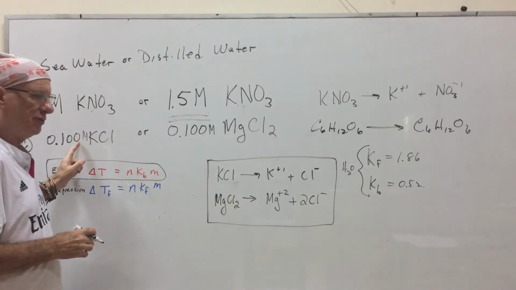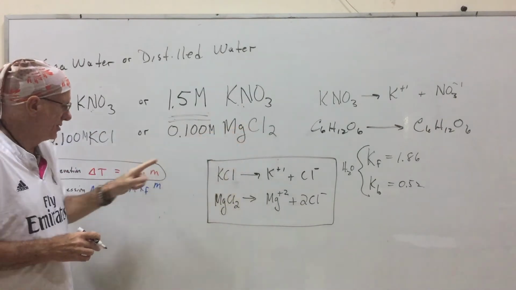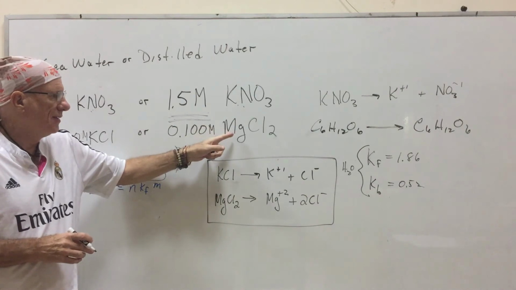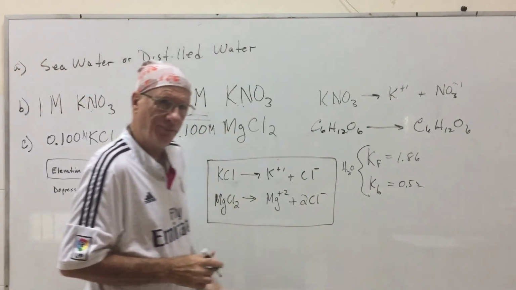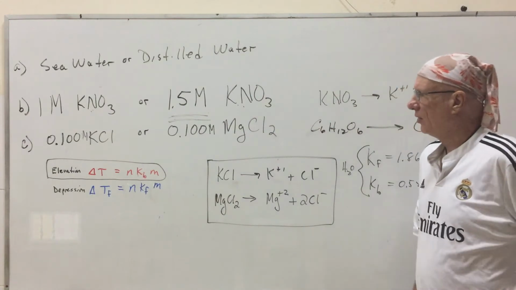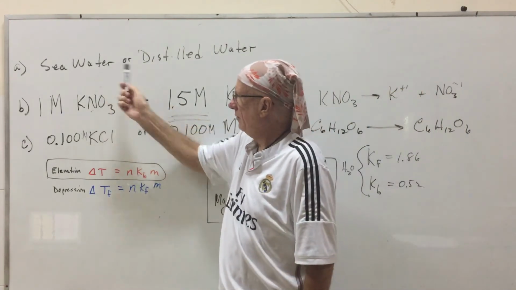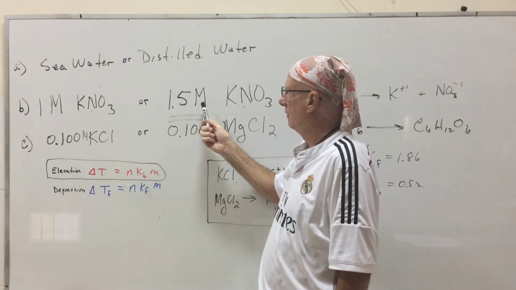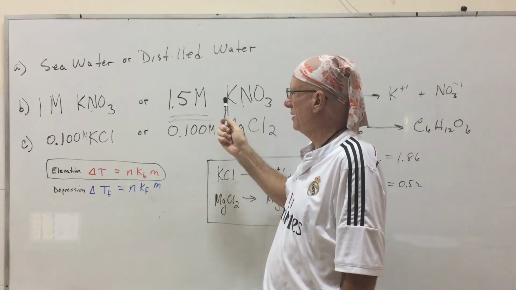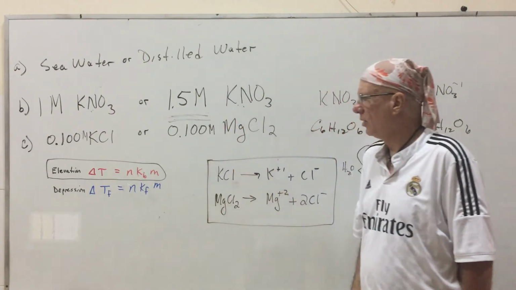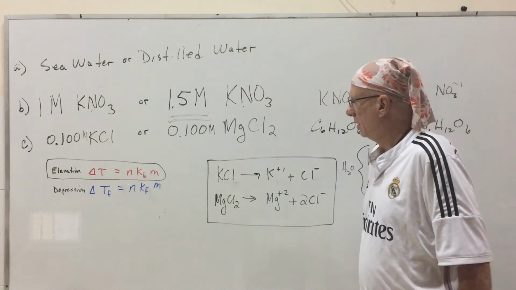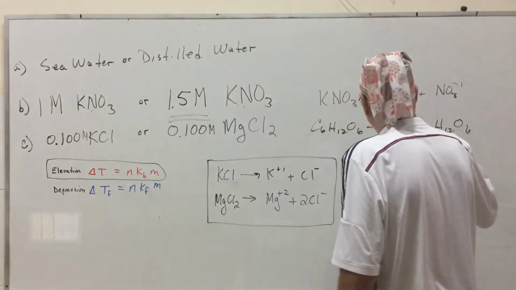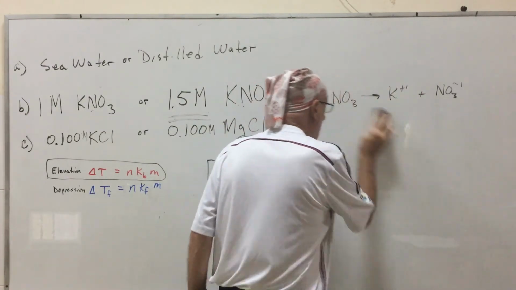N for this is 2, but N for this is 3. So that would be a higher boiling point elevation because of the number of ions. So it would be seawater, 1.5 molar potassium nitrate, and 0.1 molar MgCl2.